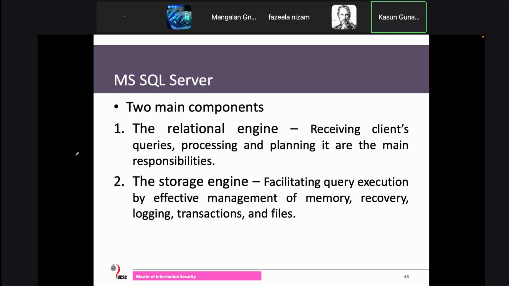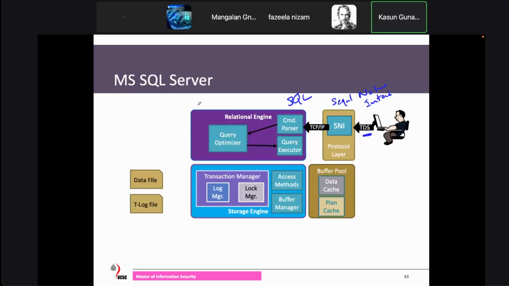The relational engine's primary responsibility is query processing and data retrieval. The tasks that the relational engine completes are initiated by user queries and include parsing the SQL, optimizing, and retrieving the results. You see that this is the relational engine, so it directly takes user requests or SQL queries from the user through this interface.